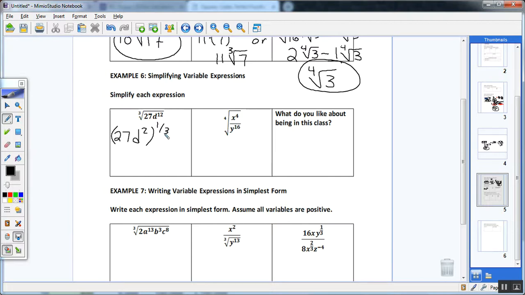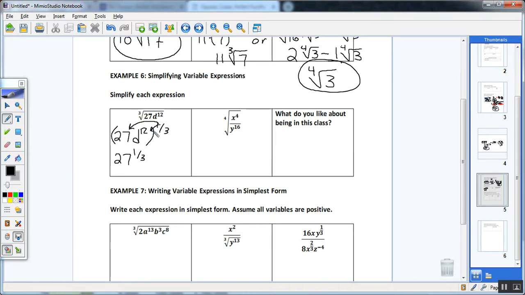This becomes 27 to the... So right there's a 12, right? Okay, so this becomes 27 to what power first, kids? Isn't that 1/3? Would you agree with that?